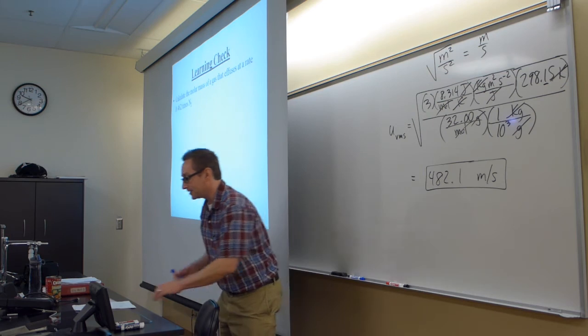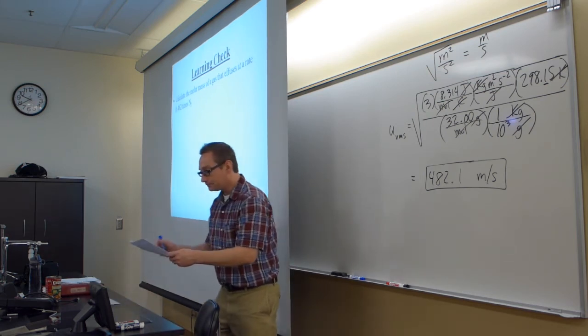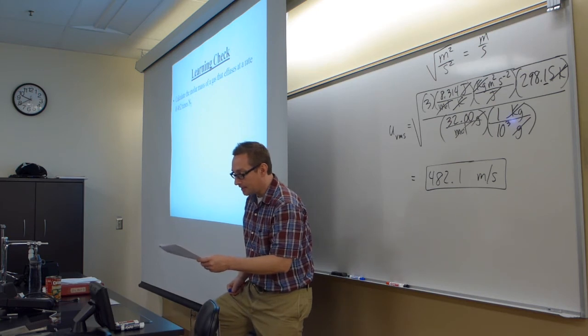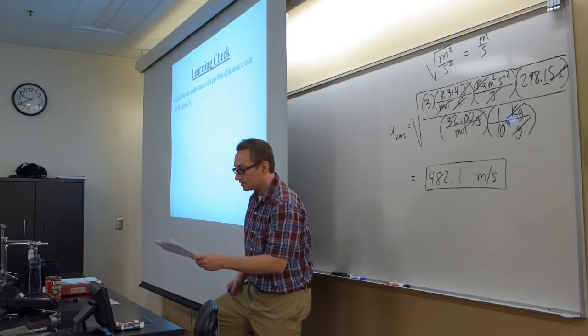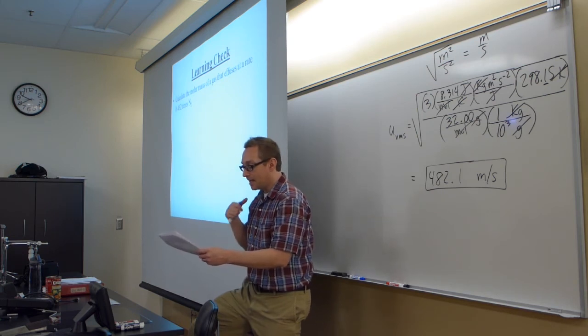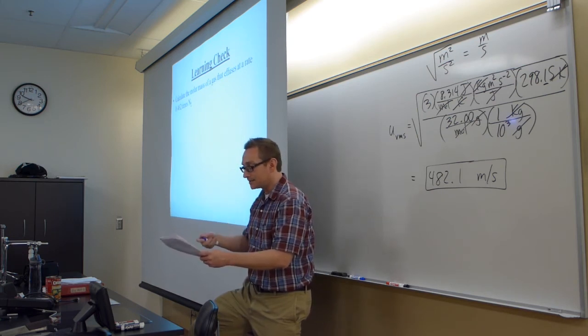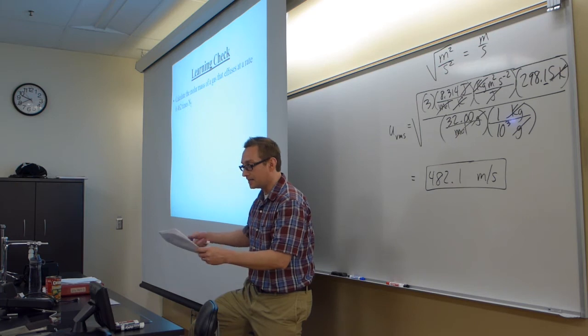Let's do a sample calculation with this. It says, calculate the molar mass of a gas that effuses at a rate that is 0.462 times that of nitrogen. Notice I'm adding a few more words in here. Let me repeat: calculate the molar mass of a gas that effuses at a rate that is 0.462 times that of nitrogen.